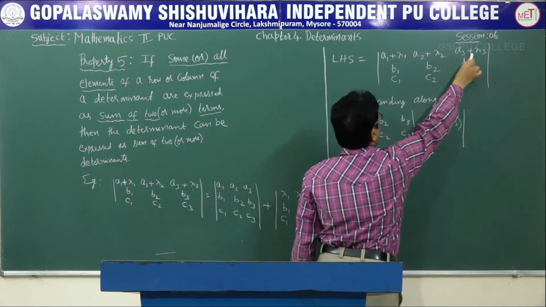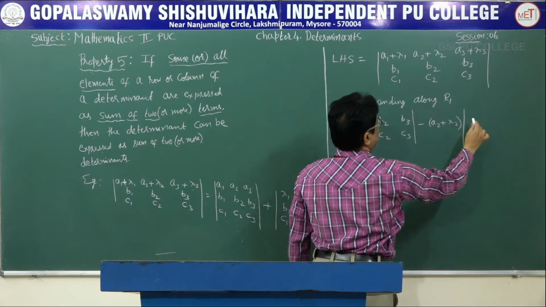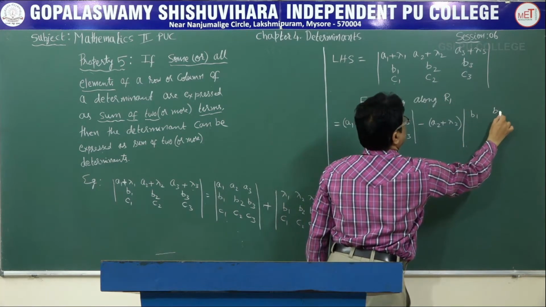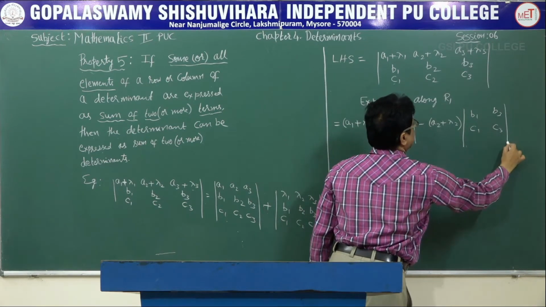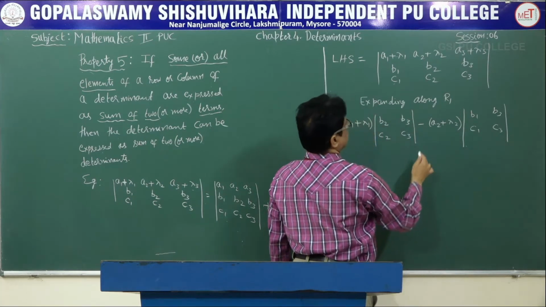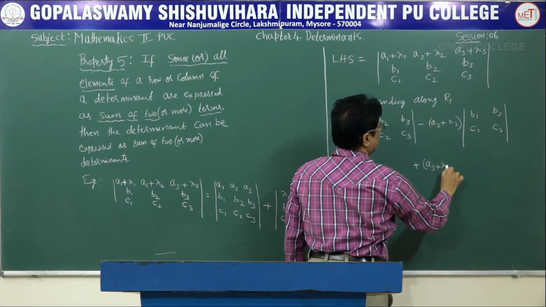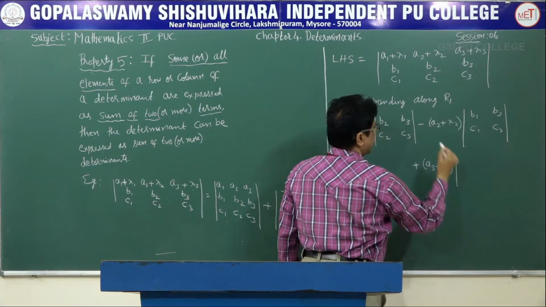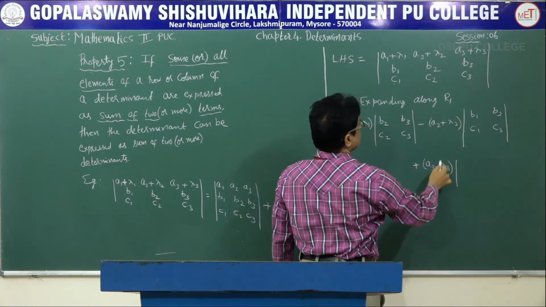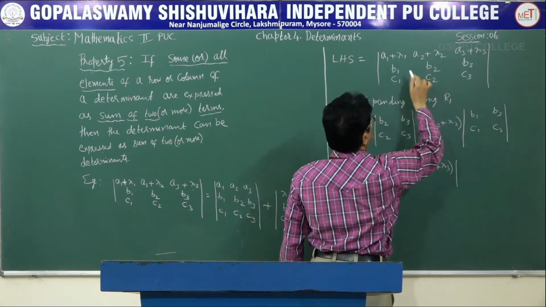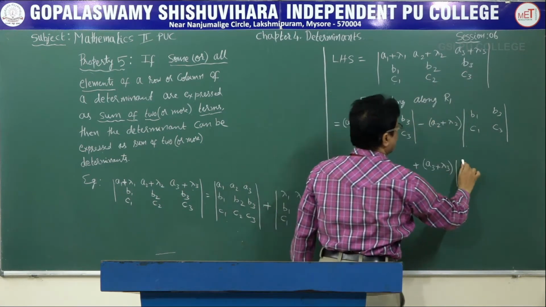We eliminate the first row and second column and take the determinant of the remaining elements, that is b1, b3, c1, c3, plus the next element a3 plus lambda 3 into the determinant of, a3 plus lambda 3 lies in the first row and third column. So we eliminate the first row and third column and take the determinant of the remaining elements.